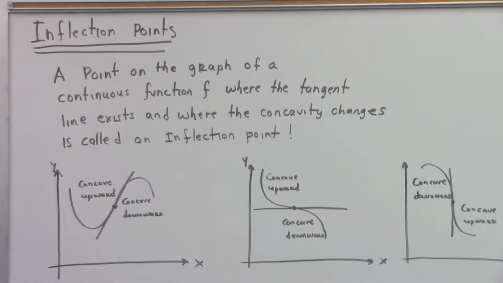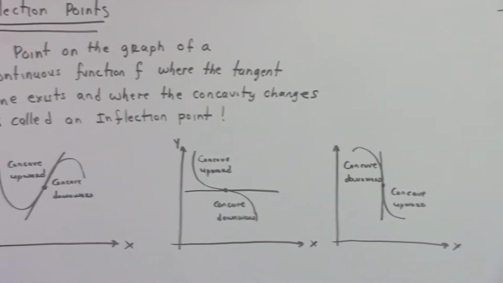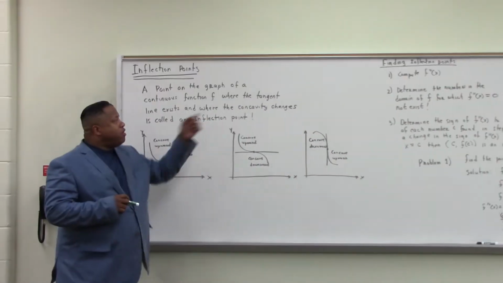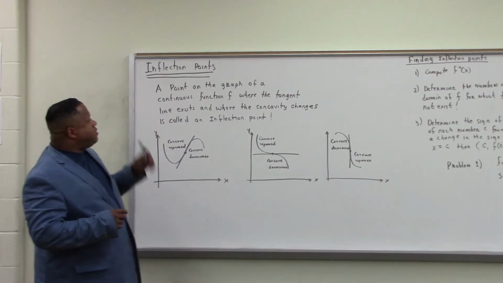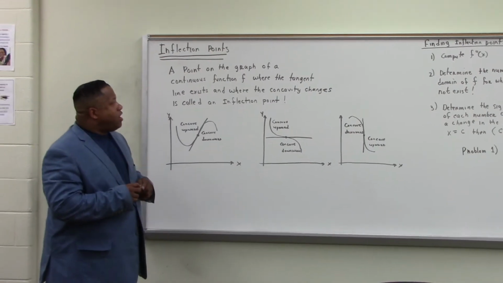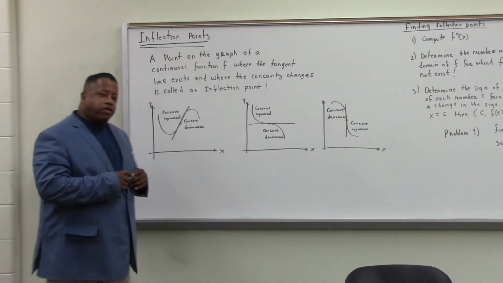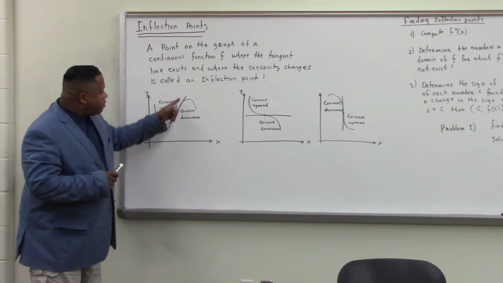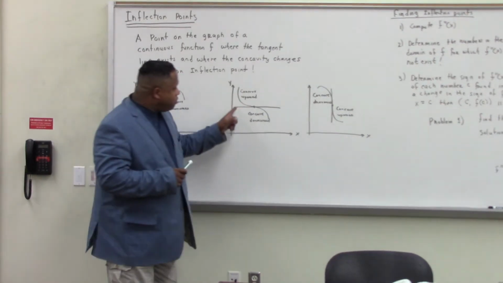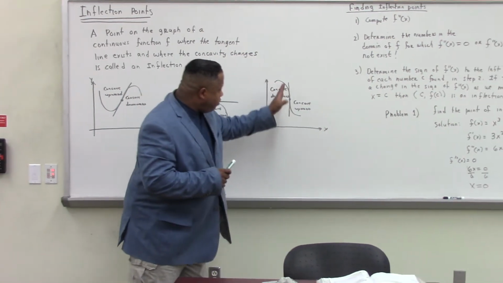A point on the graph of a continuous function f where the tangent line exists and where the concavity changes is called an inflection point. As you see here, these are tangent lines going through these points on the graph.